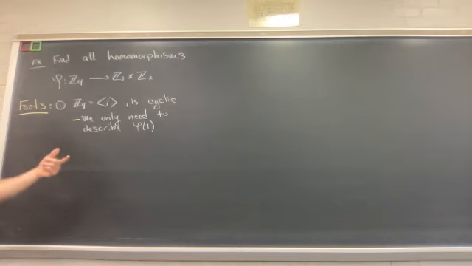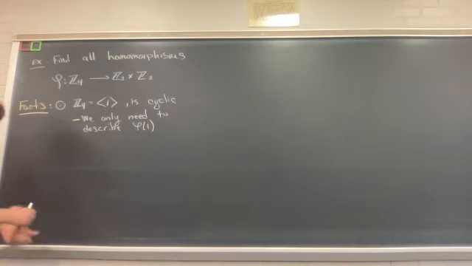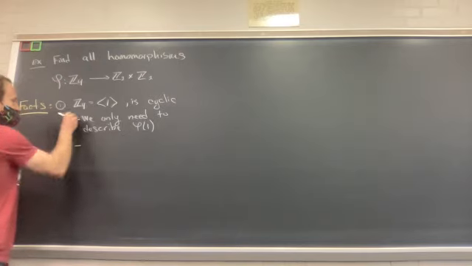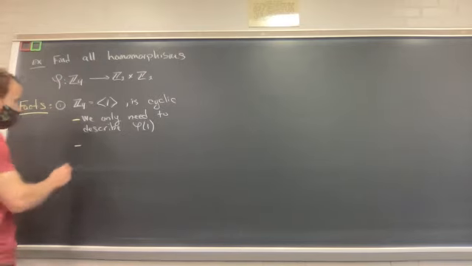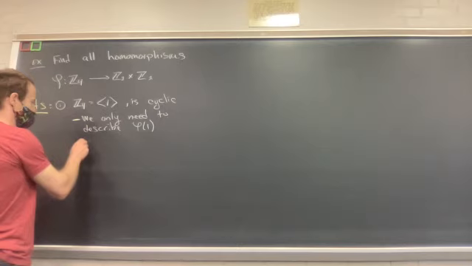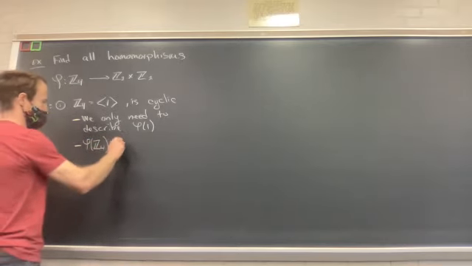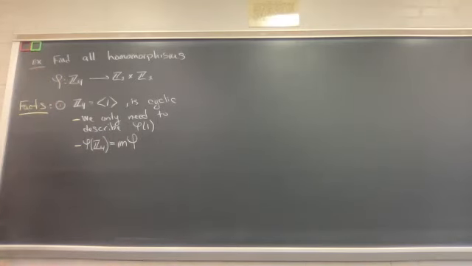So let's recall that the image of a homomorphism will be a subgroup of the codomain. That's our next fact under this heading, because it's related. I'll write it like this, phi of Z4, which we could also write as the image of phi.